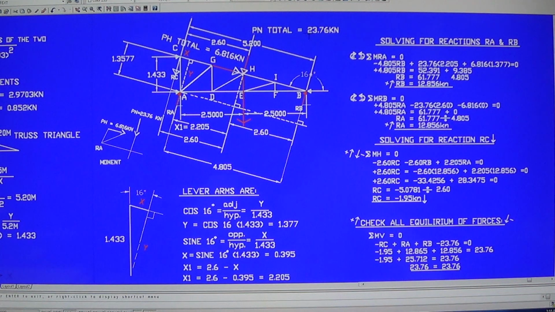We have all the loads there, 23, and the horizontal component 6.816 applied at midspan of this rafter right here. And the lever arm, the distance of that midspan from point C to the midspan is 2.6, and so is from B to the midspan, 2.6. It's in the middle of that span there.